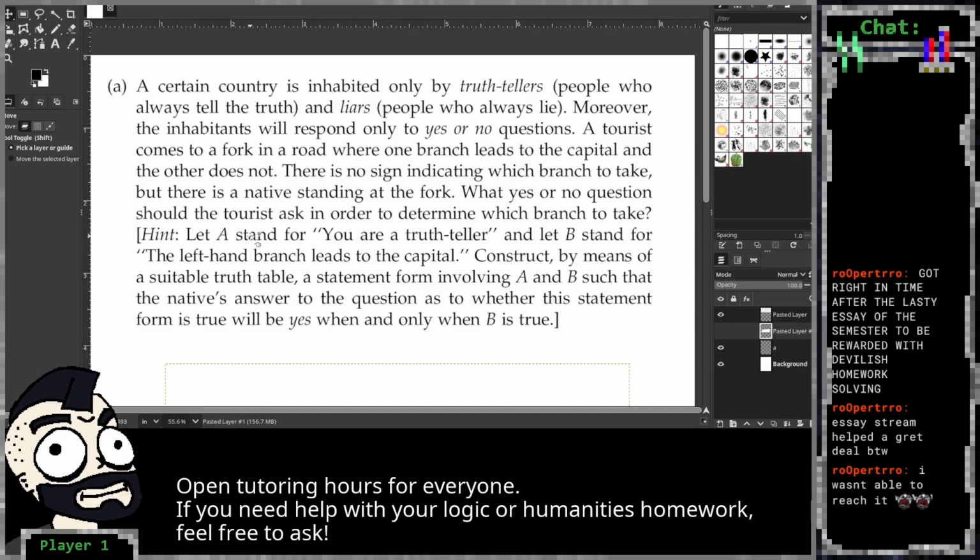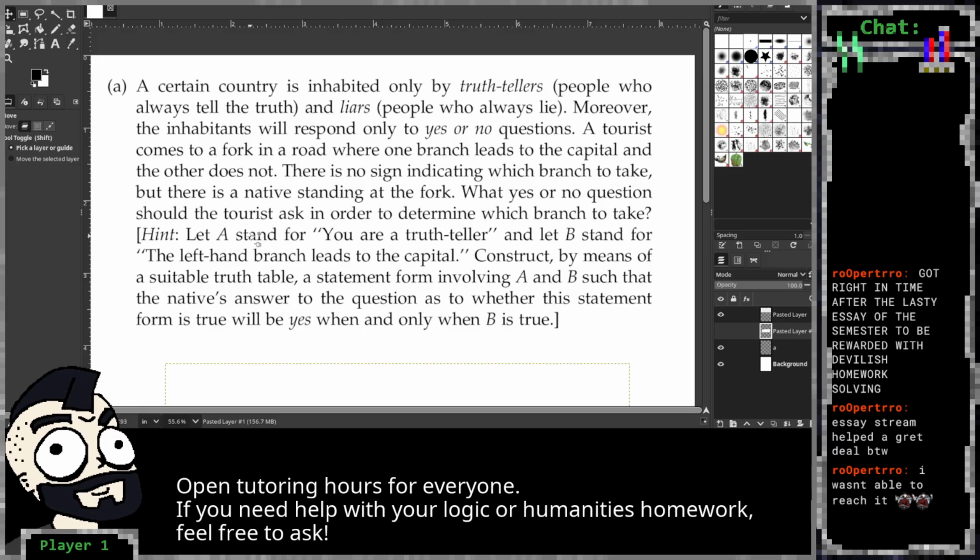So implicit in the exercise is the fact that you can only ask one question. And again implicit but not clear enough, you do not know whether the native is a knight or a knave. So you only get one shot.